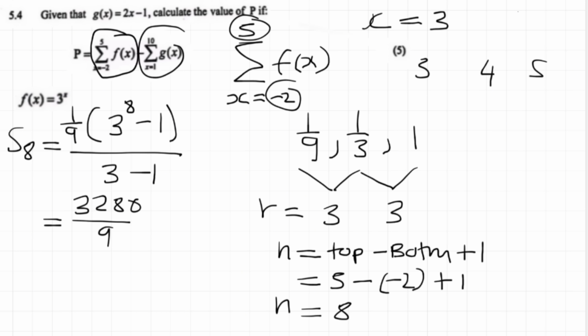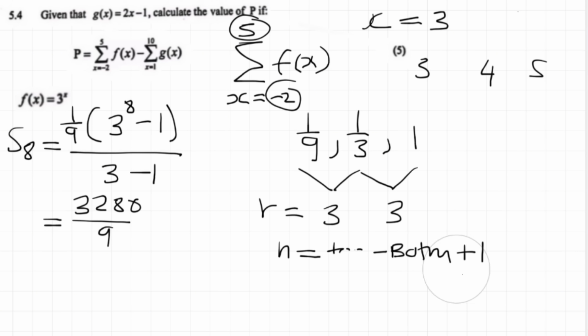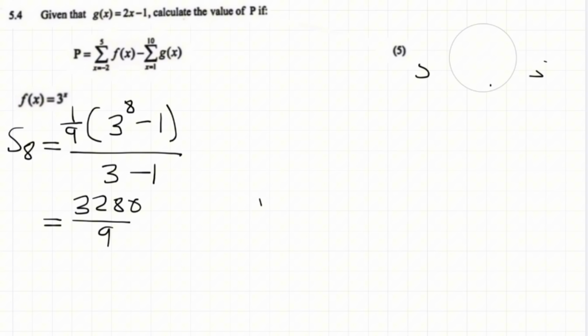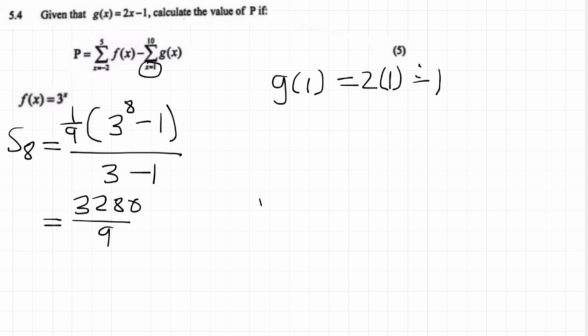Now we need to look for the sum of the other one, which I think is easy because it's a straight line, so it's going to be very easy for us. This one starts from 1, so we're going to say g of 1. We substitute 1 there, 2 minus 1 is going to give us 1.